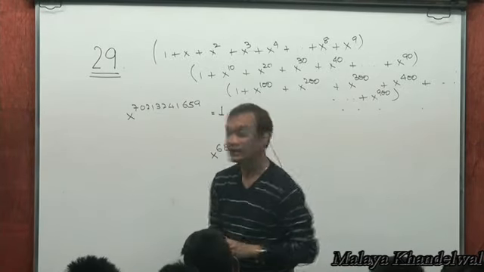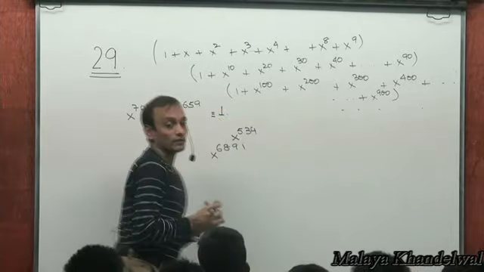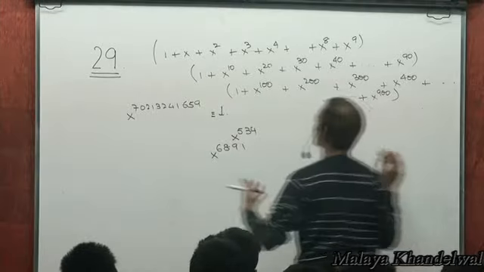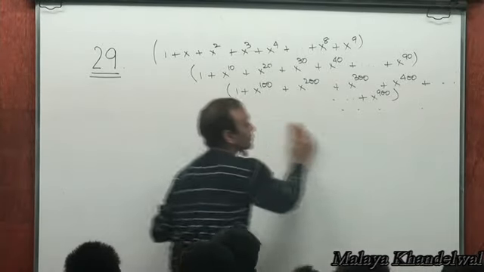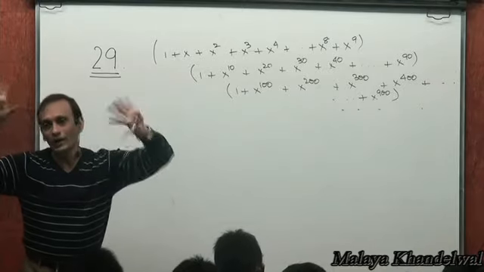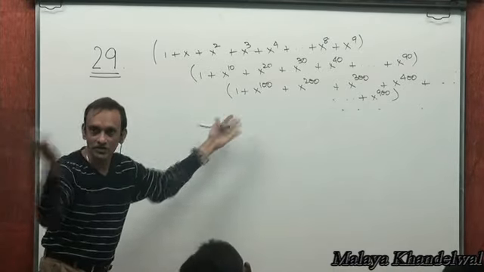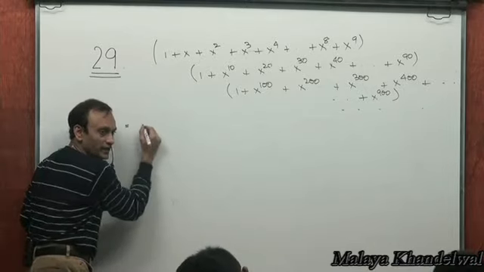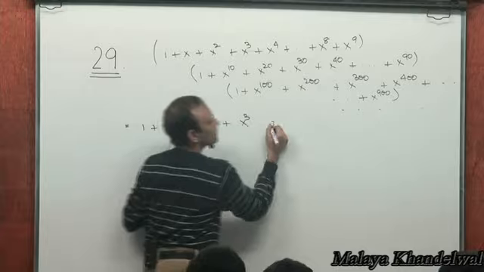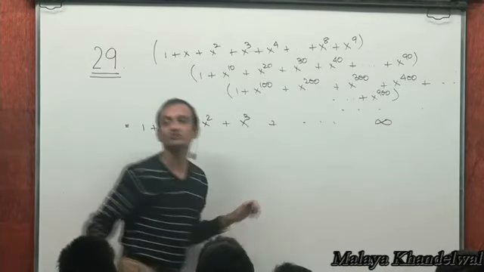Right? Now, yes, that's exactly the next part. So if you realize that every power of x is appearing exactly once in this product, isn't it? So this product really would be 1 plus x plus x squared plus x cubed up to infinity. Yes or no? Yes.